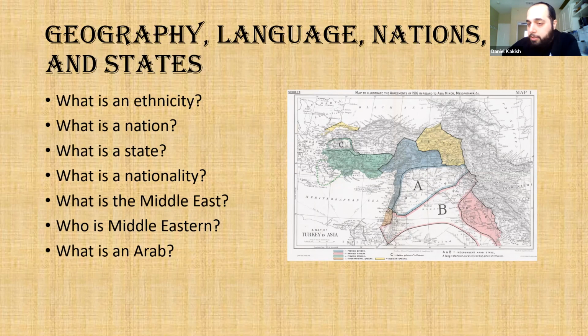There is the Kurdish nation. All of these nations, like in Arabic, we say wataniya, right? Or qawmiya, which is ethnicity or nation. But that is not the same thing as a state. So in Iraq, for example, there are multiple nations in one state, Iraq being the state.